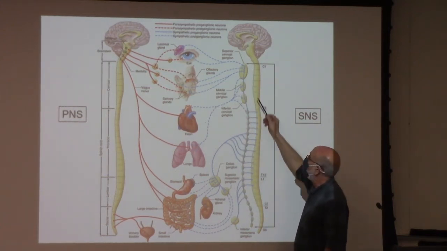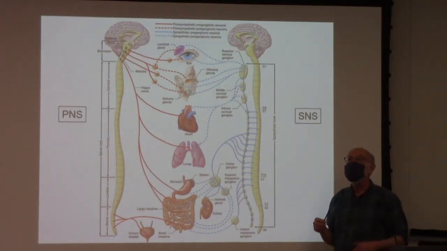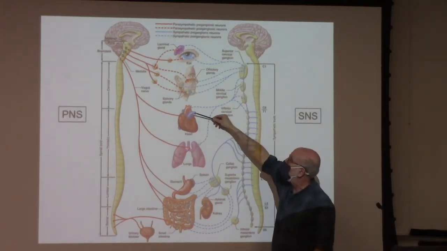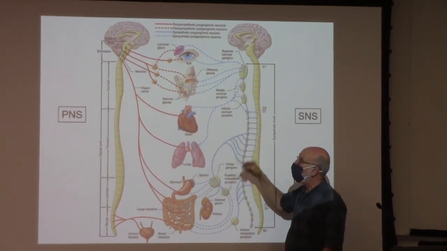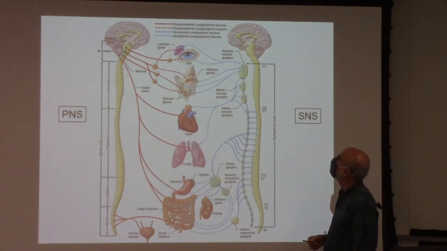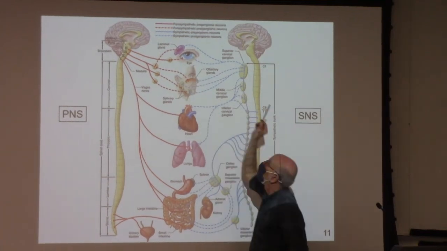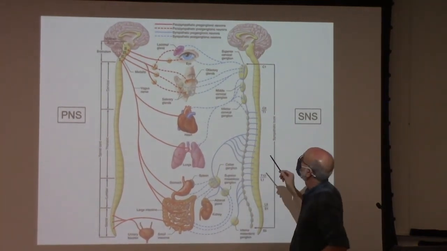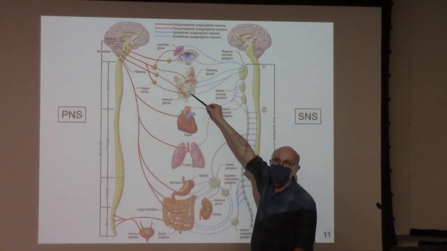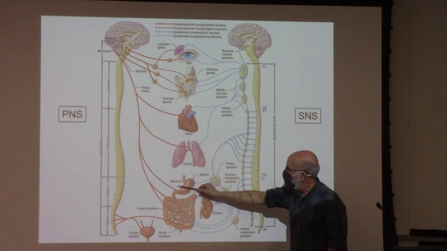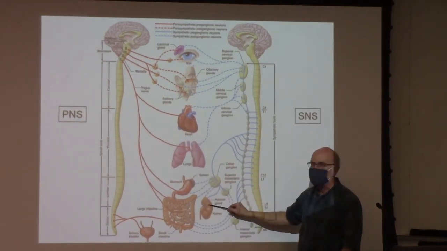So the blue is showing sympathetic action, and some of them are increases, like increased heart rate, increased airflow to the lungs, increased respiratory frequency, dilates the pupils, and some of them are inhibitory: inhibits the production of saliva, inhibits motility and digestion in the digestive tract, inhibits the production of urine in the kidney.